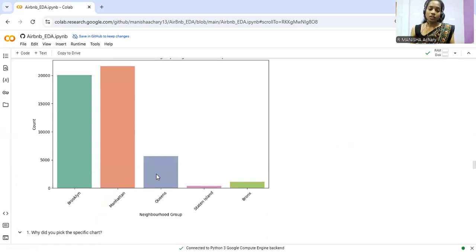I have chosen this bar chart to visualize the neighborhood group distribution because neighborhood group is categorical data, and for categorical data the bar chart is most suitable. From this chart, we gain the insight that Manhattan has the maximum and Staten Island has the lowest.